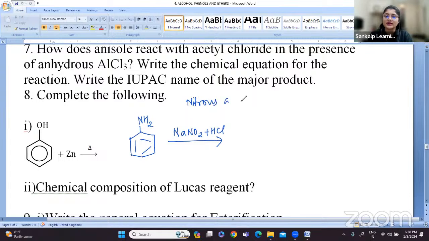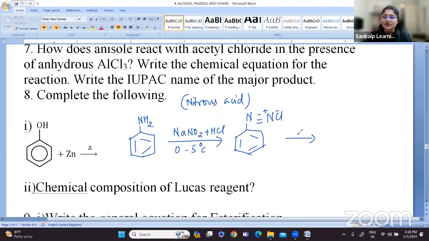At a temperature around 0 to 5 degrees Celsius, you are converting your aniline to the diazonium salt, that is N2+ Cl-. This is diazotization, followed by warming the solution in water, and you get phenol.